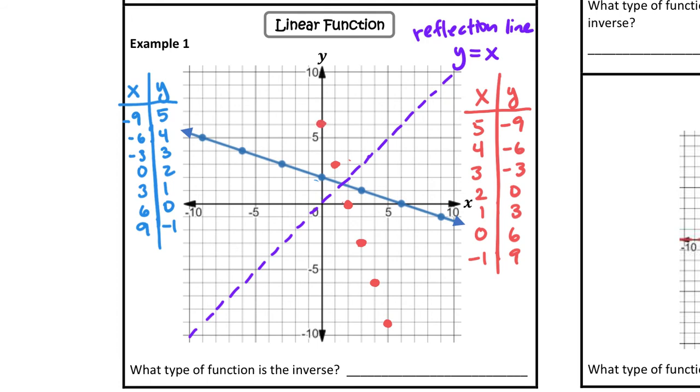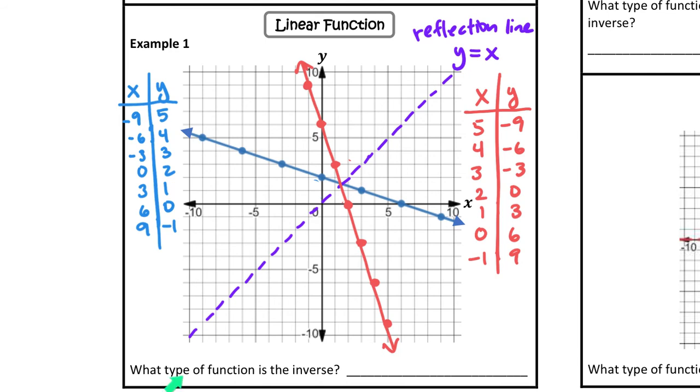And -1, 9. Alright, so if I connect these points, I'm going to use a ruler. That gives me this line here.